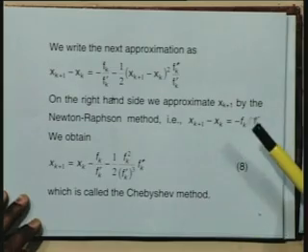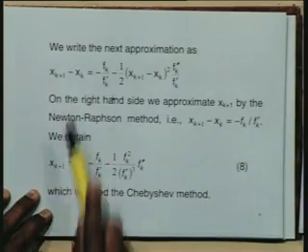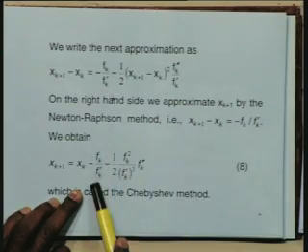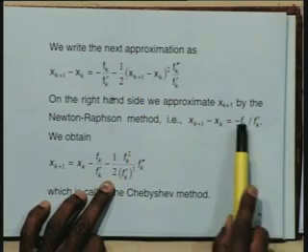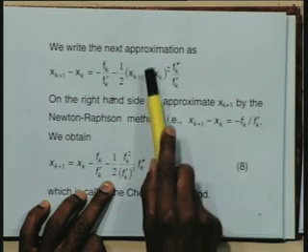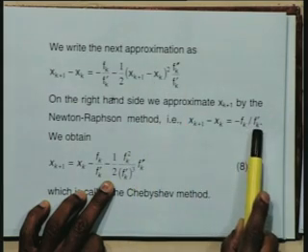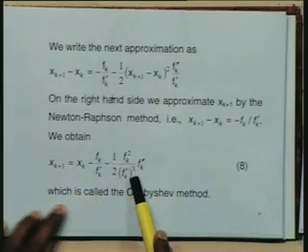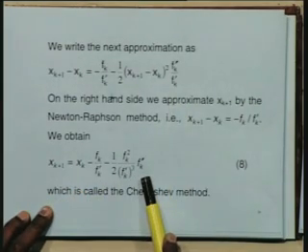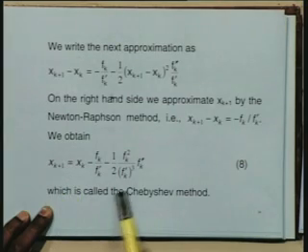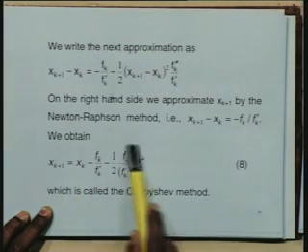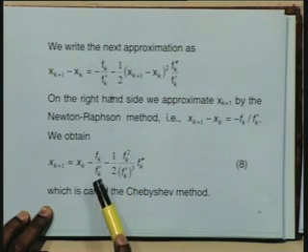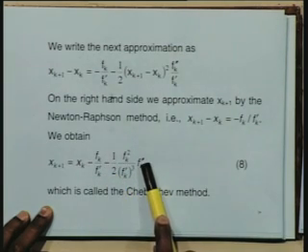If I do that, I will get xk plus 1 here, take this to the right hand side as xk, this term retained as it is, fk upon f dash k, minus half here, this is square of this, therefore I will have fk square, the denominator is f prime k square, but there is also f prime k here, so f prime k whole cube into f double dash k. So this is how the computation for the Chebyshev method looks like. Obviously we are evaluating fk, f prime k, f double prime k.